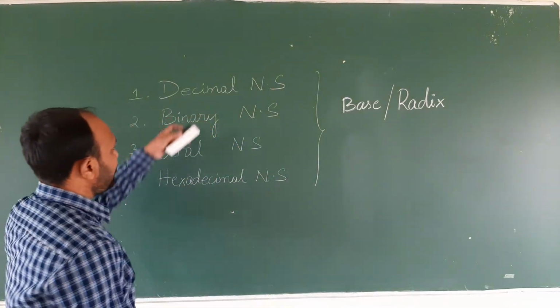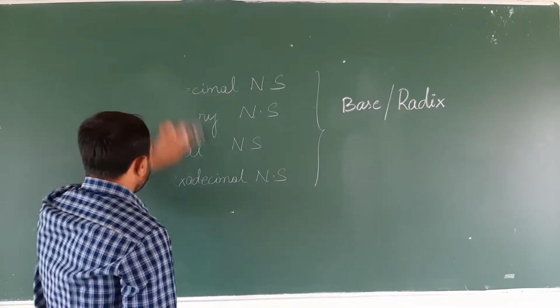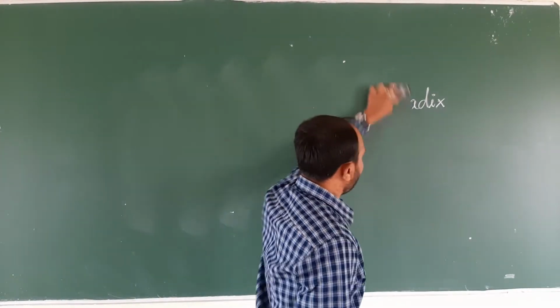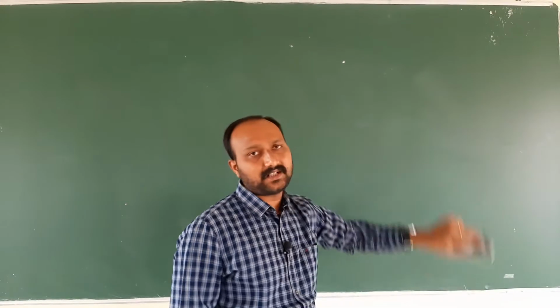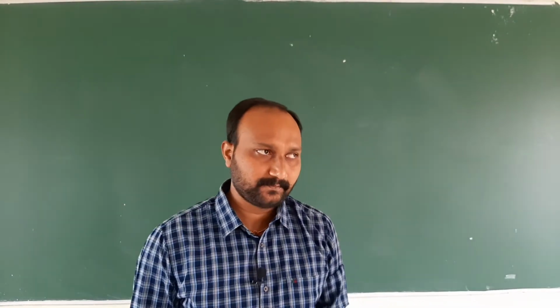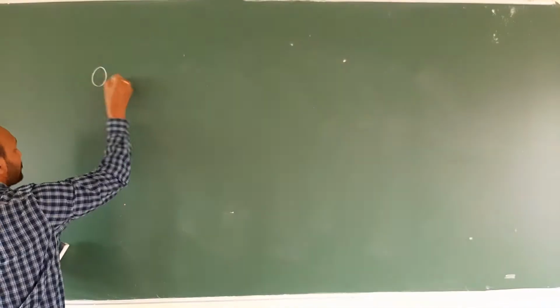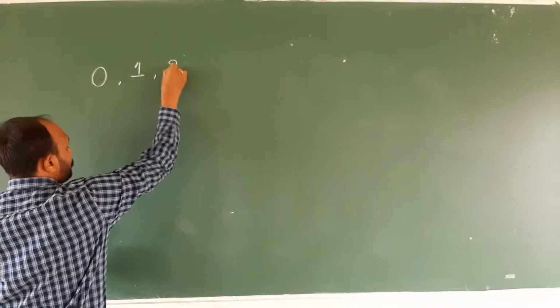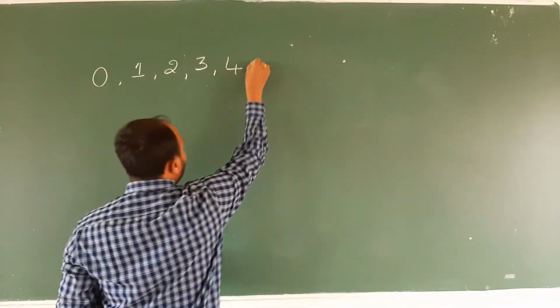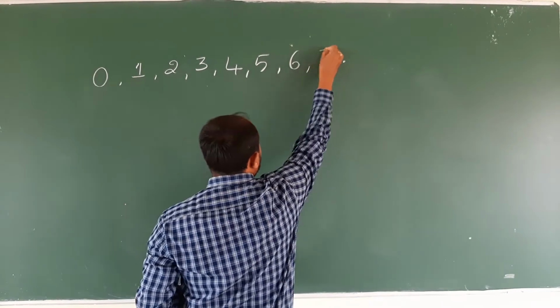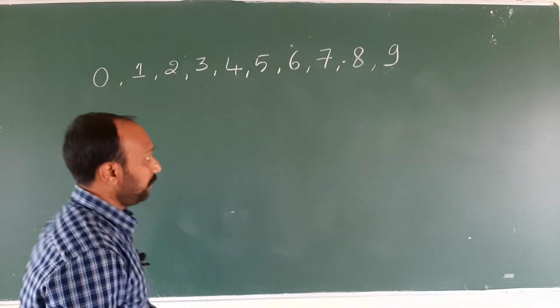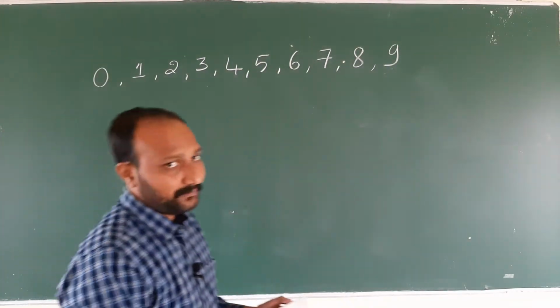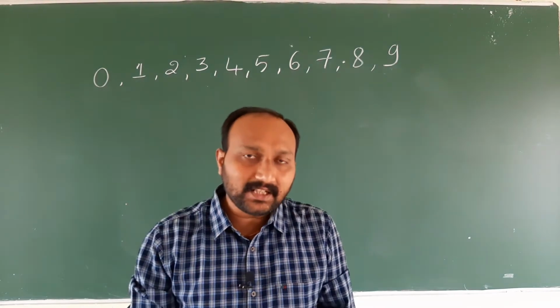So, let us start our discussion with decimal number system. Decimal number system is one of the favorite number systems, and it is also the most used number system in all our computations. In decimal number system, we use the following symbols: 0, 1, 2, 3, 4, 5, 6, 7, 8, 9. Each symbol has its own predefined meaning or face value.